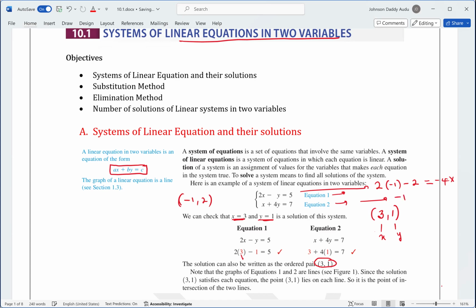So it will be -1 plus 4 times 2, which is going to be 7. So you see, -1, 2 satisfies the second equation, but it does not satisfy the first equation. So it's not a solution. For it to be a solution, it must satisfy both equations. So you can see that -1, 2 is not a solution.